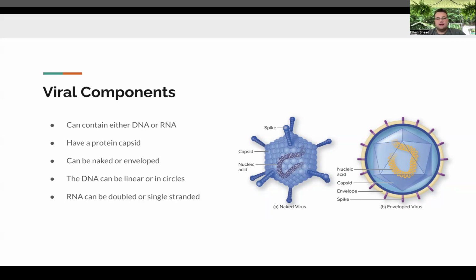The RNA can be double stranded or single stranded, but mostly it's going to be single stranded. Viruses also contain a protein capsid, which houses most of the DNA and different proteins.